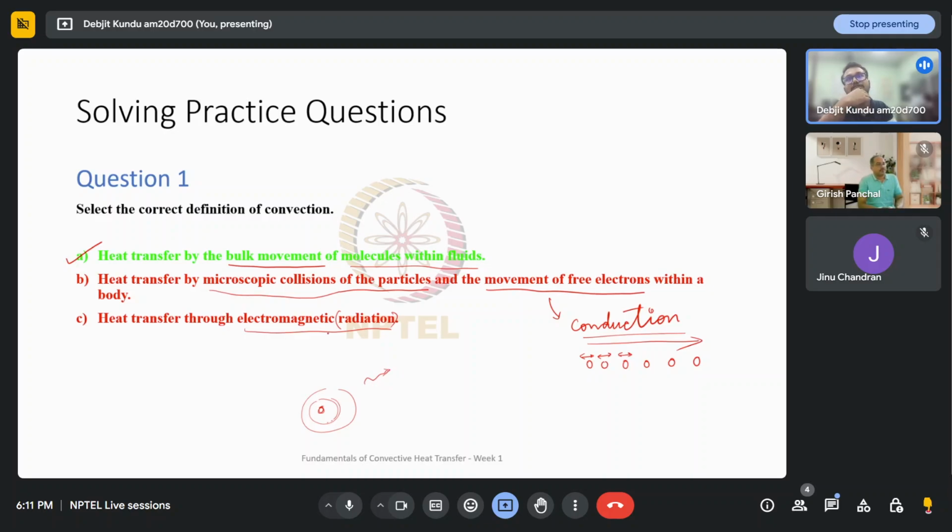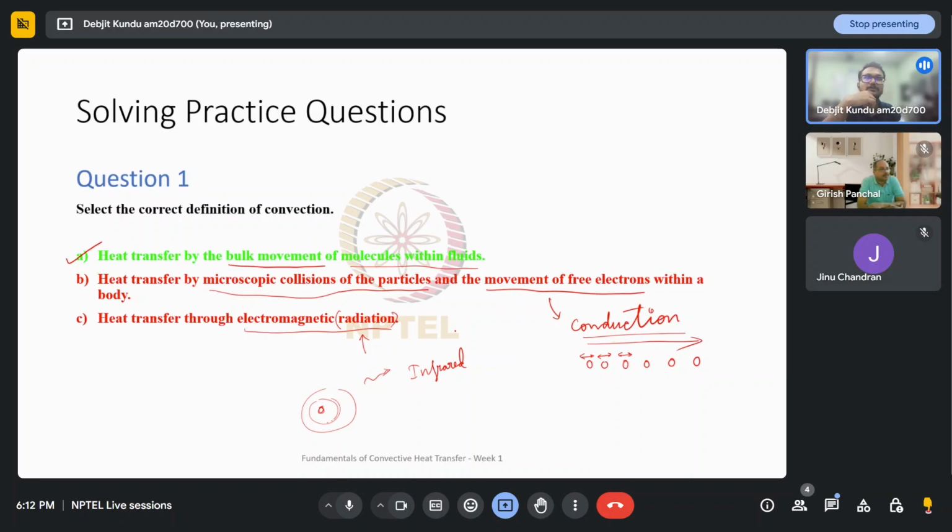In this case, these electromagnetic radiations are in the infrared region. So these are the wavelengths in which mostly heat is transported. So that's what entails radiation.